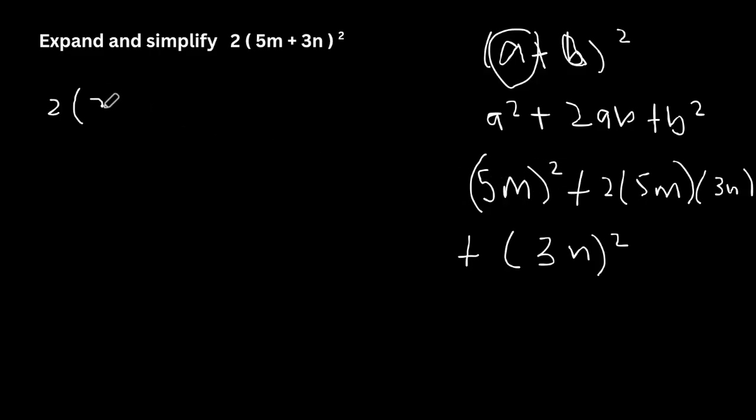So you get 25m squared plus 2 times 5m times 3n. 2 times 5 is 10, 10 times 3 is 30, m times n is mn, so you get 30mn. Plus 3n squared is 9n squared. 3 squared is 9, n squared is n squared.